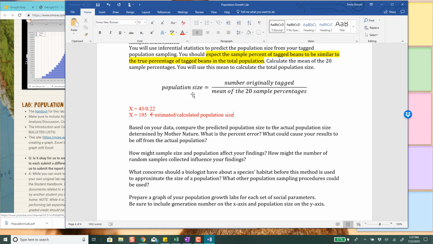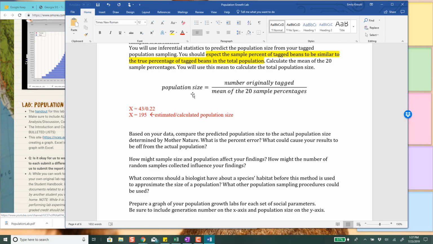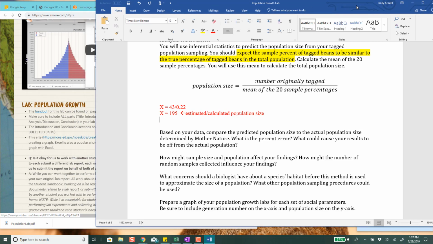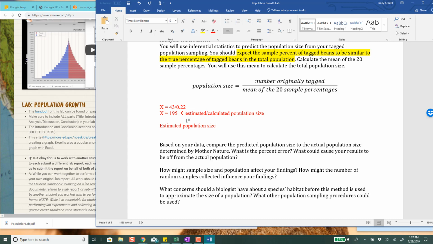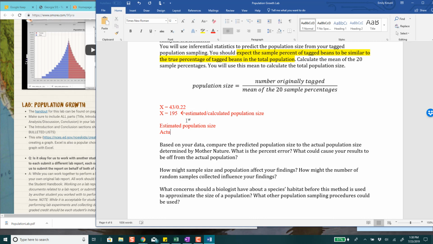Okay, so now that you've done this, you can actually take your actual population size and you can get your percent error. In order to do that, your percent error is going to be like, you're going to take your estimated over your actual, and then you're going to put an X here.